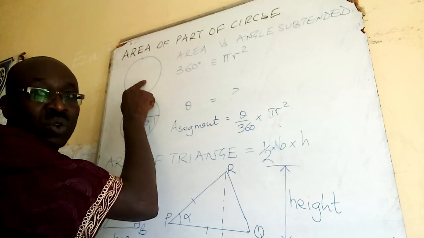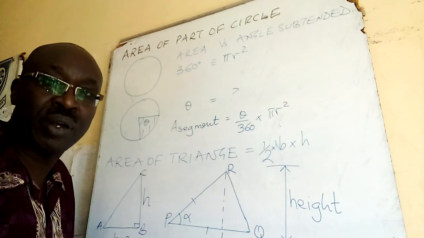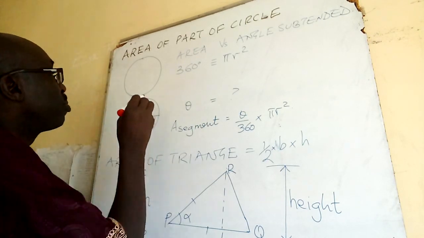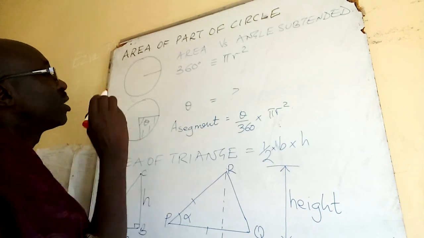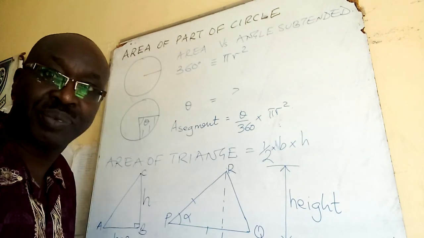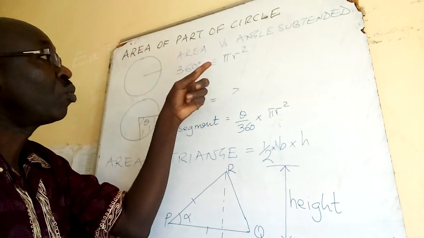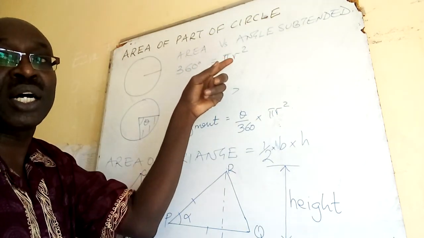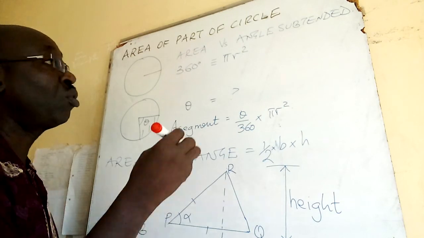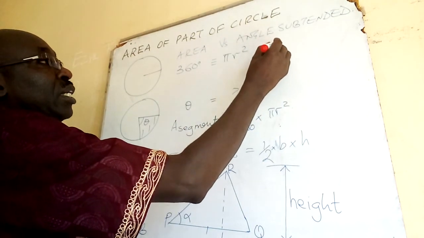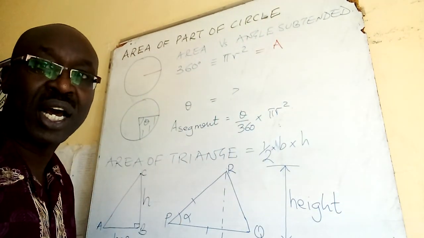This is a circle. And in this circle, I'm given the radius. So I can get the area of this circle, which is pi r squared.